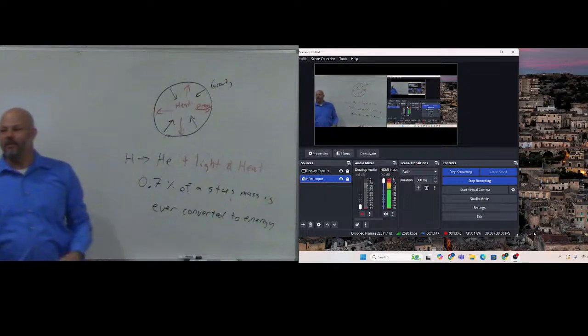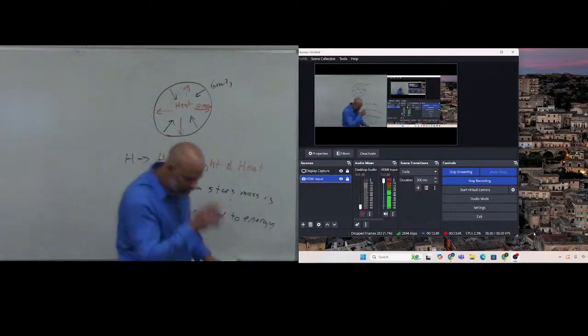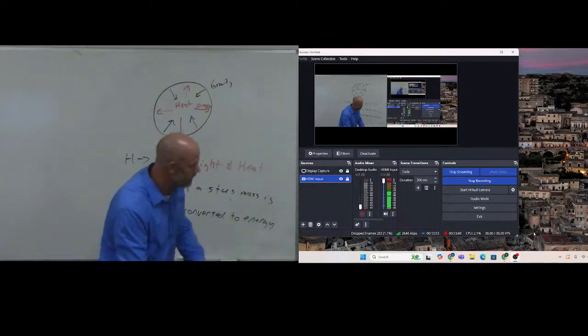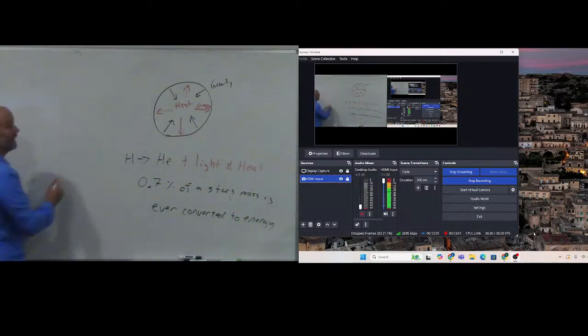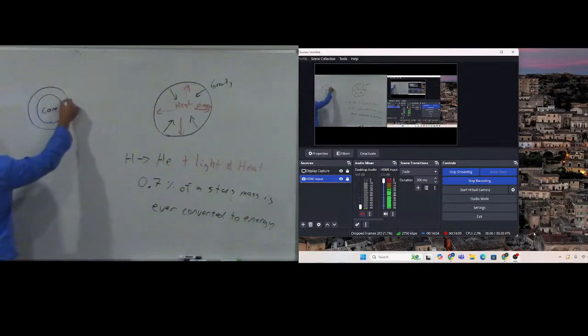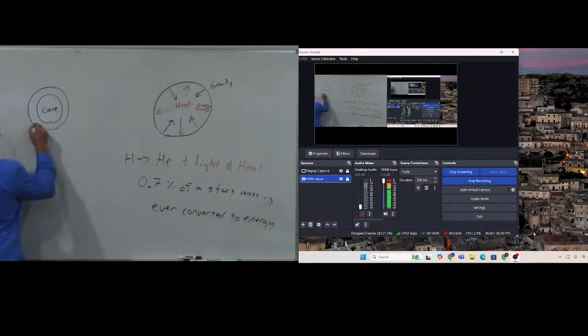One of the things that happens here is, think about a star. It's got layers, right? What's the innermost layer? Core. This is where the fusion's happening, right? Core, what's the next layer? I got the radiative zone.